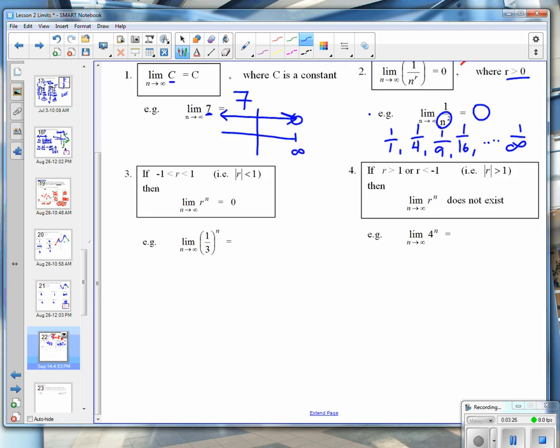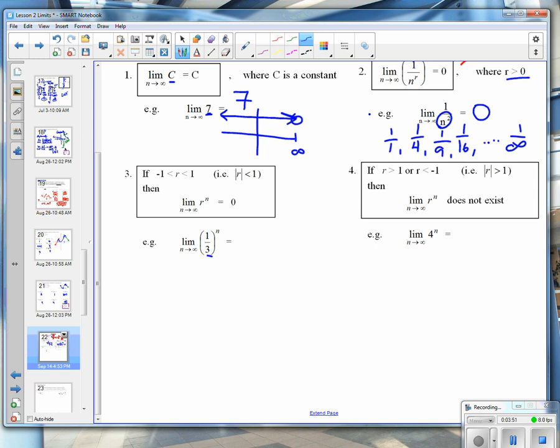The next one is when we're dealing with fractions. So if r is in between -1 and +1, so basically r is going to be a fraction or a decimal, 0 point something, we know that when r is to the power of n and n is approaching infinity, again, our answer is going to be 0. And this works very similar to number 2 that we just did.